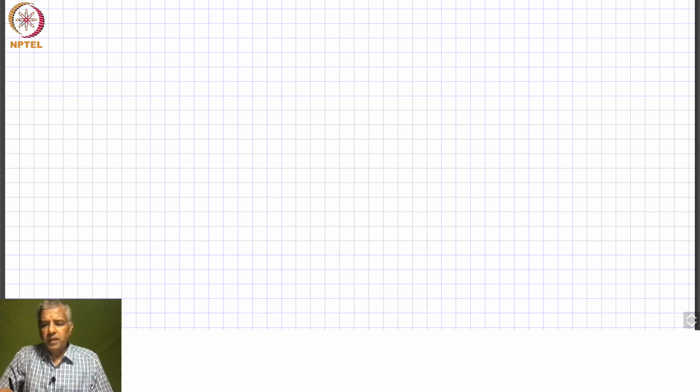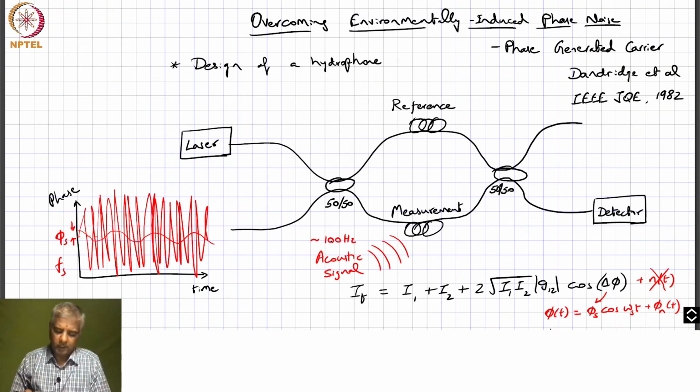So, what we are essentially talking about is you want to have a phase modulation, okay, at a higher frequency. In this case, if you want to pick up 100 hertz, and we know that up to a kilohertz it is dominated by 1 over f noise, we want to go outside of that, so maybe 10 kilohertz. So, what you could possibly do is, in your reference, what if you can, in a controllable manner, modulate your reference, okay.